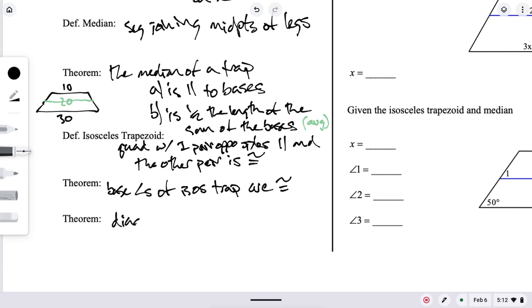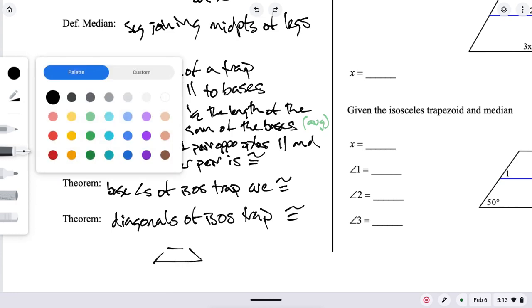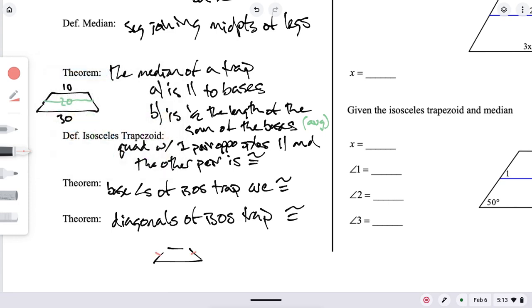The diagonals of an isosceles trapezoid are also congruent. So again, if I had an isosceles trapezoid, that would mean that these two lengths, the two legs, are congruent to each other. So that means that these base angles here and here would be congruent.